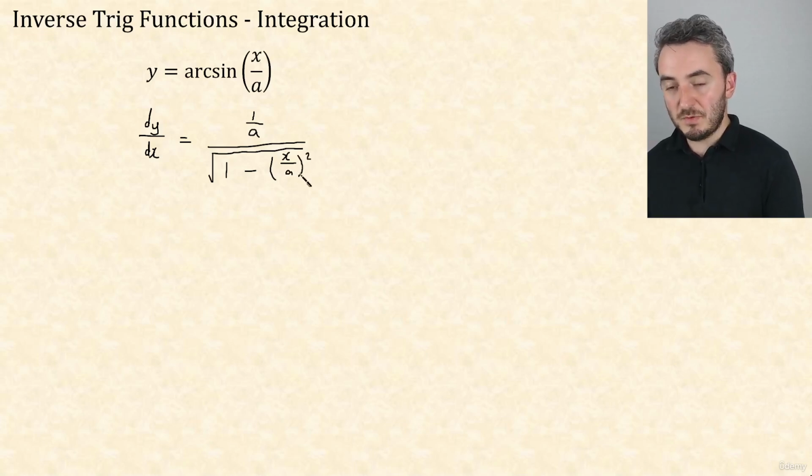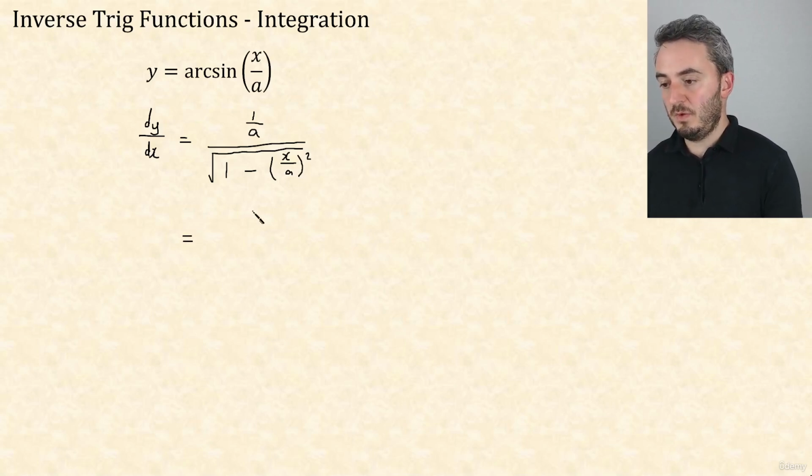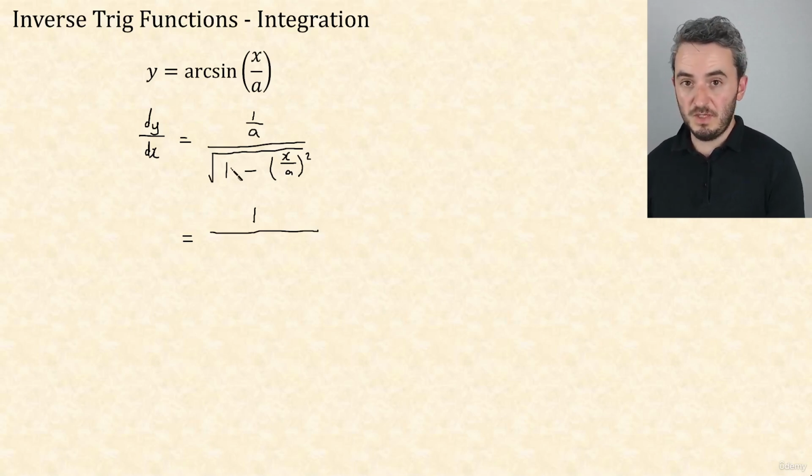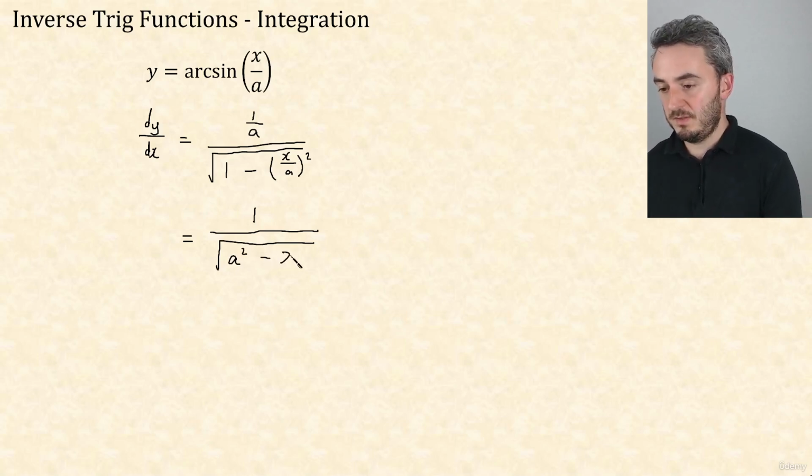If we multiply top and bottom of this fraction by a, what do we get? Well, we get 1 on the top. Now, multiplying the bottom by a, we could bring that into this square root as a squared. So we have the square root of a squared minus, well, x squared over a squared times a squared is just x squared.